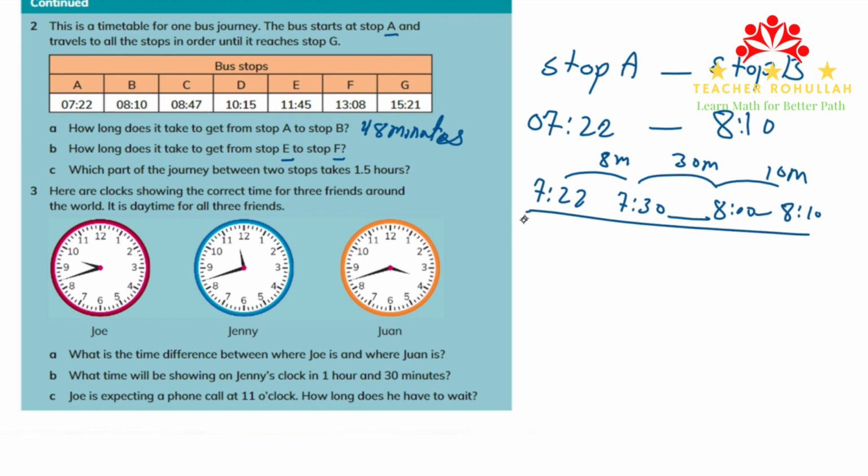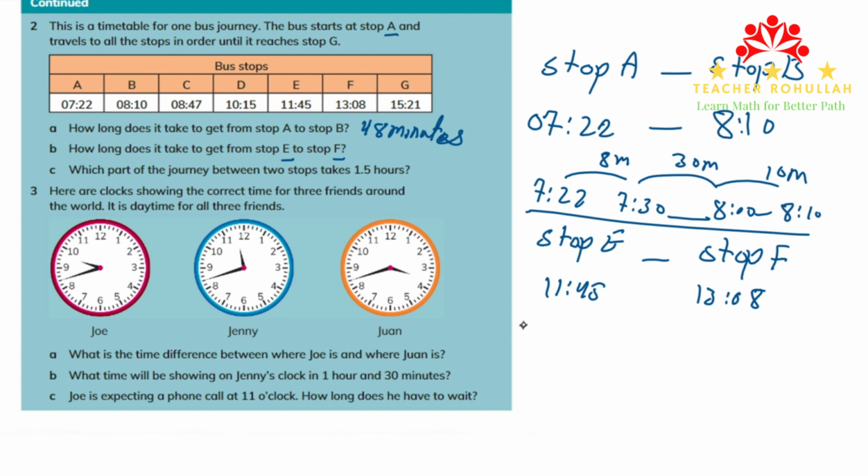Okay, let me write them down here. Stop E to stop F. It moves at 11:45 and reaches stop F at 13:08. In the same way, we will break it into parts.